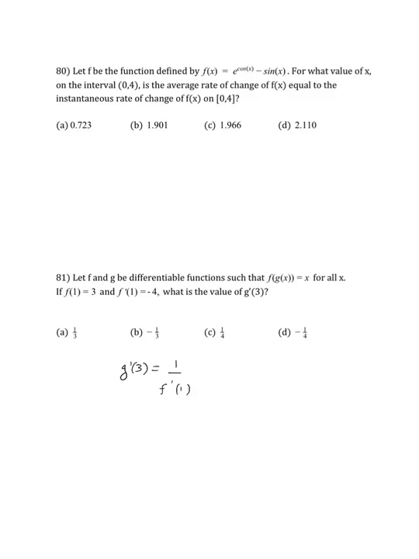The reason you would do that is because 3 comes out on the f function, 1 goes in, and so the formula tells you that you have to do the reciprocal of the derivative of f at 1. So I have 1 over negative 4, so that's choice D.